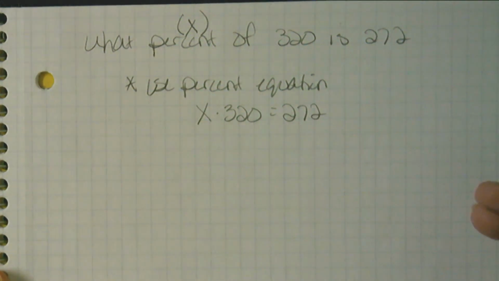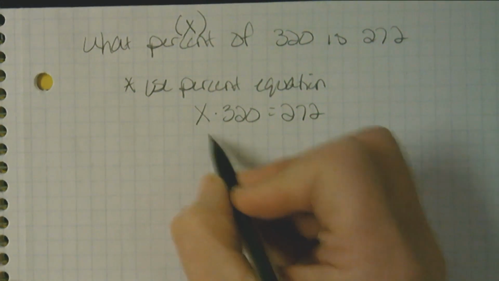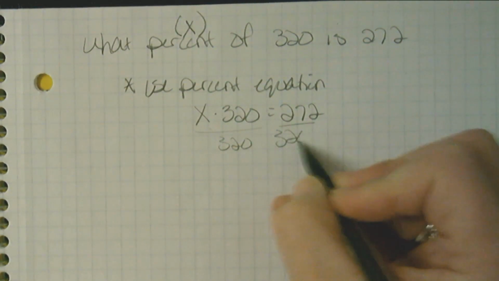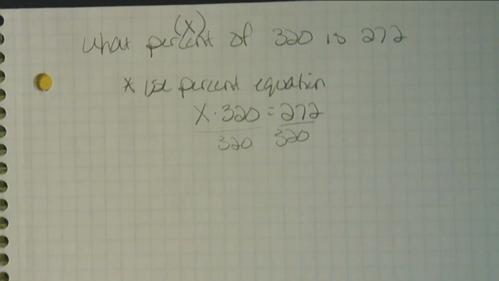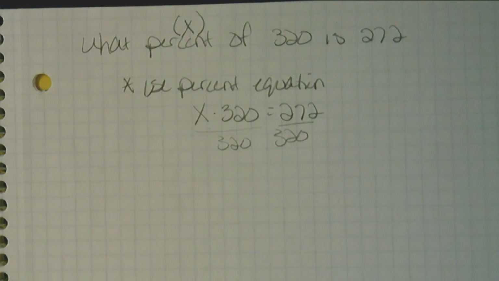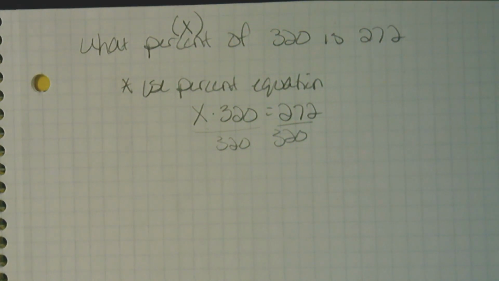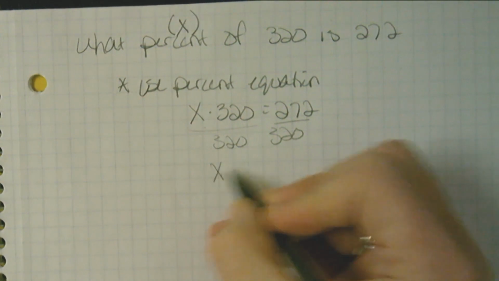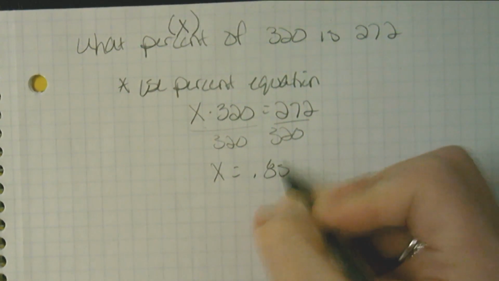Excellent. Now if I solve this, I'm going to divide each side by 320. So 272 divided by 320. This gives me x equals 0.85.